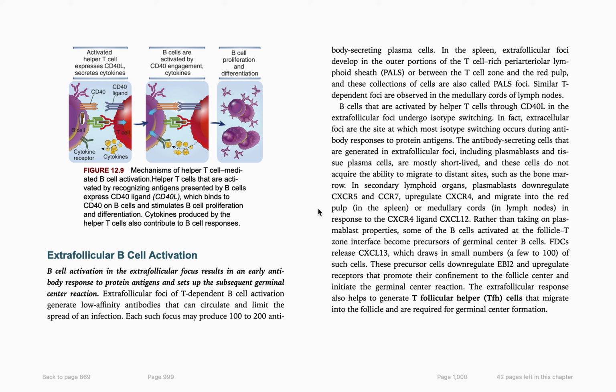B cells that are activated by helper T cells through CD40 ligand in the extrafollicular foci undergo isotype switching. In fact, extrafollicular foci are the site at which most isotype switching occurs during antibody response to protein antigen. The antibody secreting cells that are generated in the extrafollicular foci, including plasmablasts and tissue plasma cells, are mostly short-lived, and these cells do not acquire the ability to migrate to distant sites such as the bone marrow.